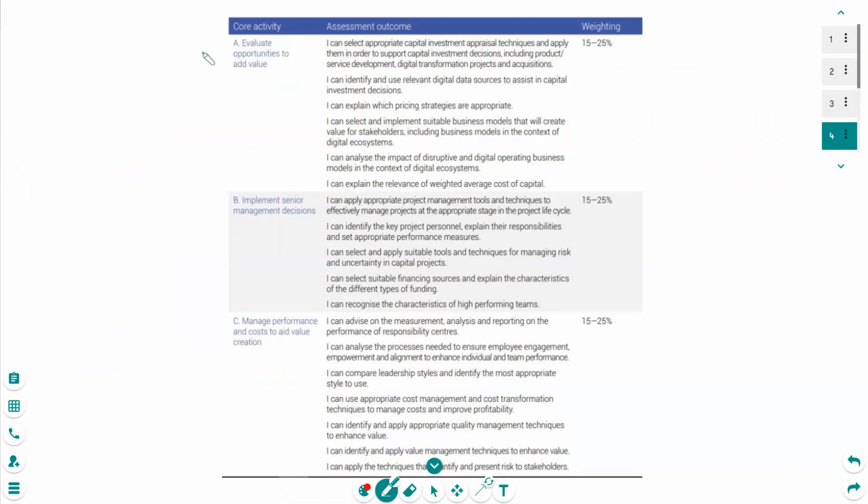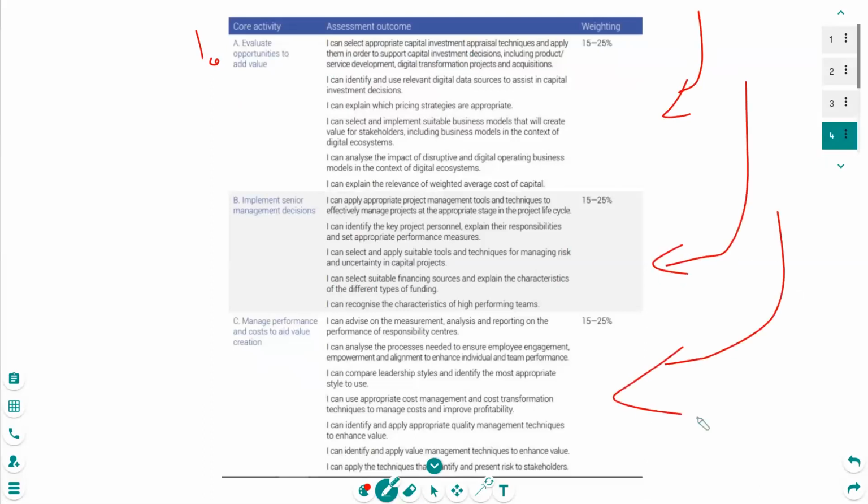First, the first key core area which they've given to you is evaluate opportunities to add value. As we know, this is the job of a management accountant or a finance manager. So the finance manager will have to evaluate opportunities and add value. This is the blueprint that we have been widely talking about.